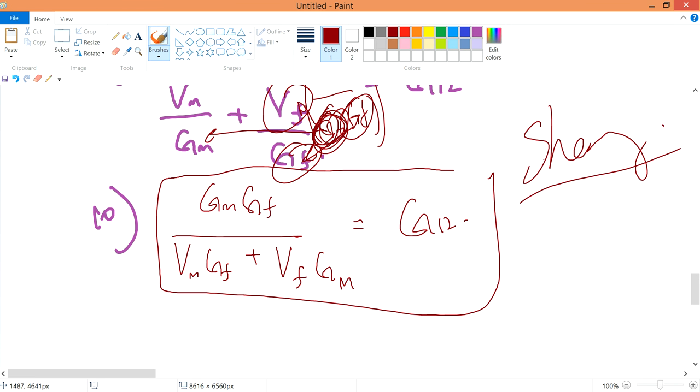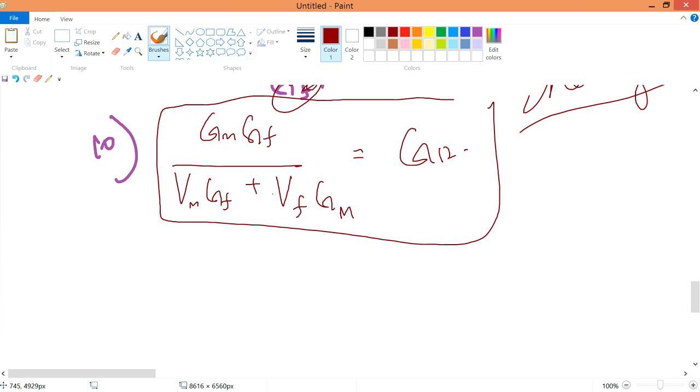If you want to make things simpler, if you still remember, VM is in terms of 1 minus VF. This is something we saw in the previous videos already. Why? Because the volume fraction of the matrix plus the volume fraction of the fiber is equal to 1. So maybe this is 90%, this is 10%, equal to 100%.